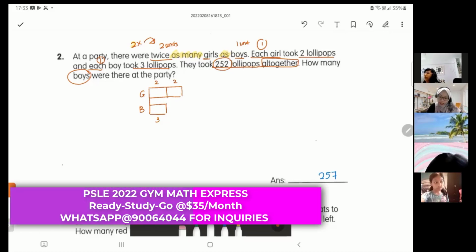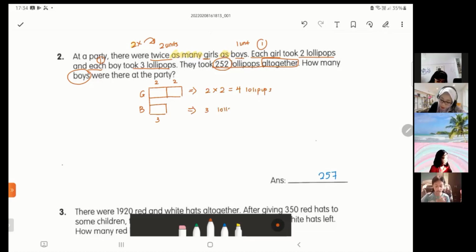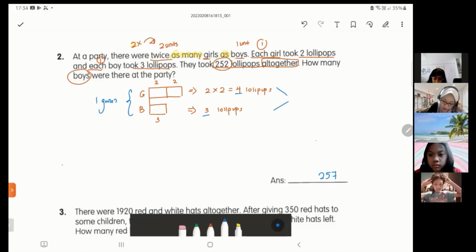Okay, what we can do is for the girls, we can find that 2 times 2, the total, is 4 lollipops. Then here, I only have 3 lollipops. So the total number of lollipops for boys and girls for one group. This is one group of boys and girls because I do not know exactly the number of boys and girls.